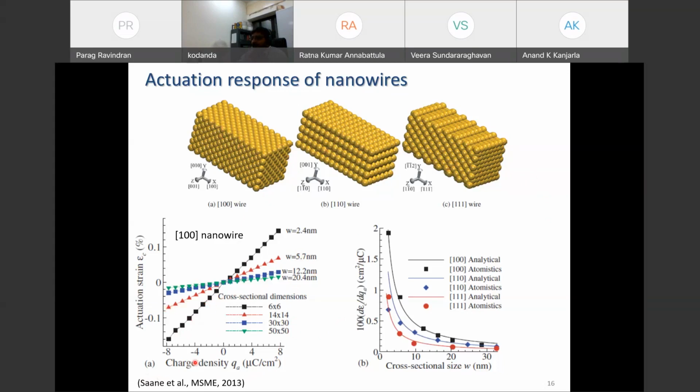Now you can see the interesting behavior, and lucky for us, the charge versus strain behavior is pretty linear for various surfaces and also for various sizes. So there is no nonlinearity that has been observed. That's a good thing for us. Makes life easier.